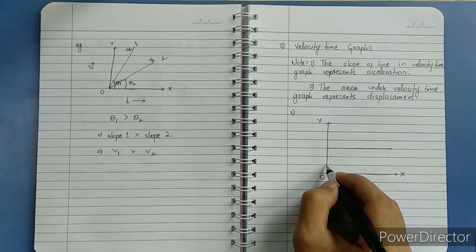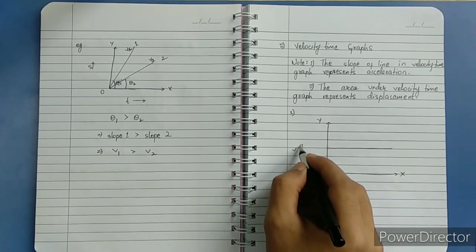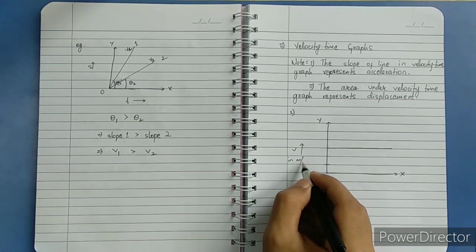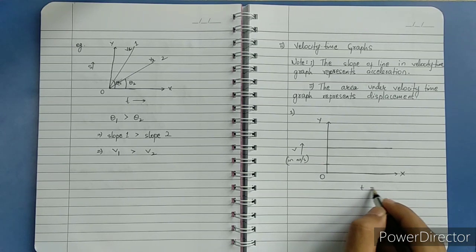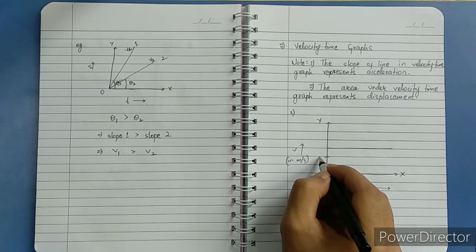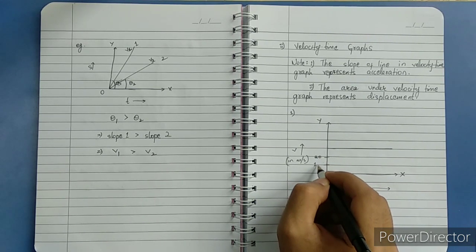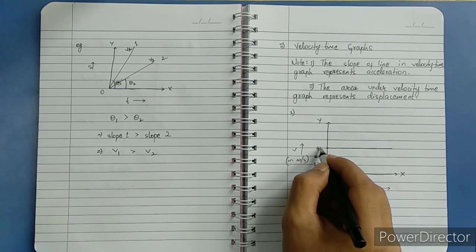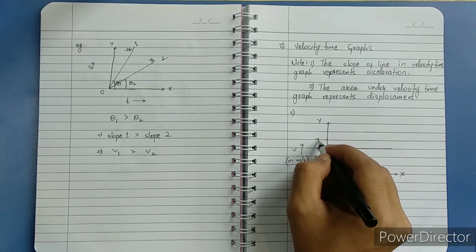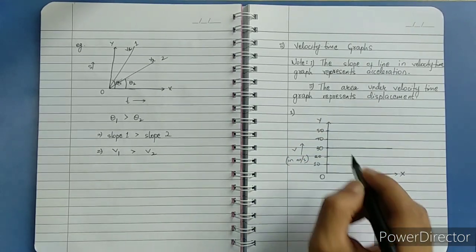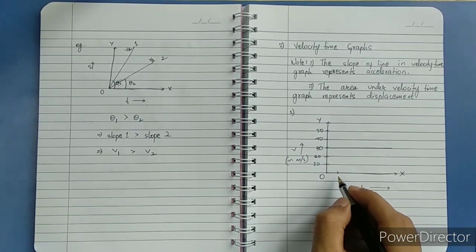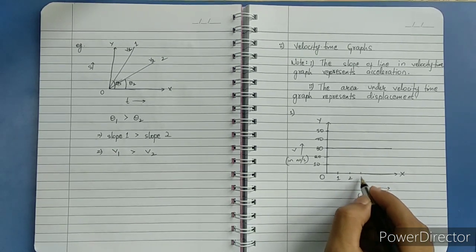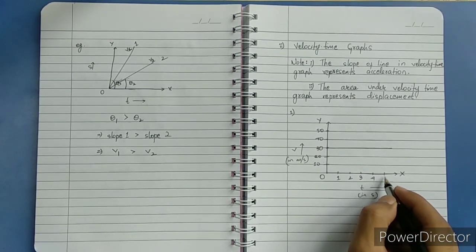Say this is velocity, in meter per second, and say this is time in seconds. 10, 30, 40, 50, and 1, 2, 3, 4, 5.